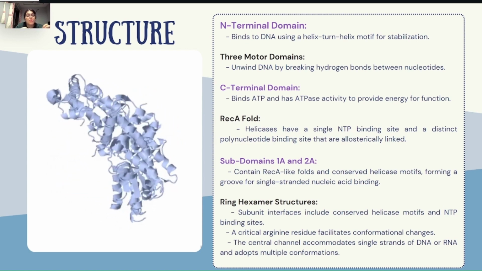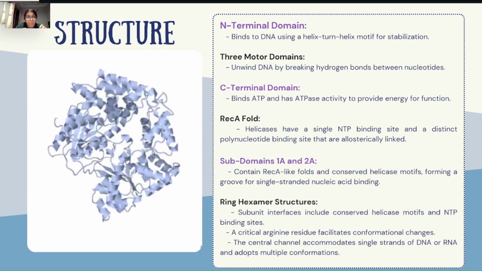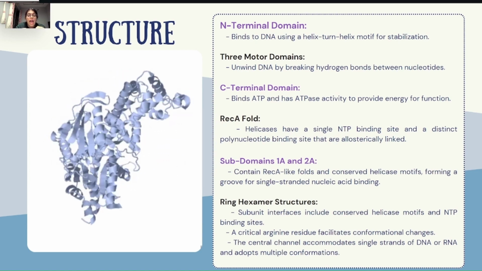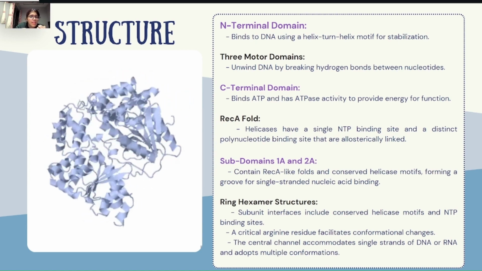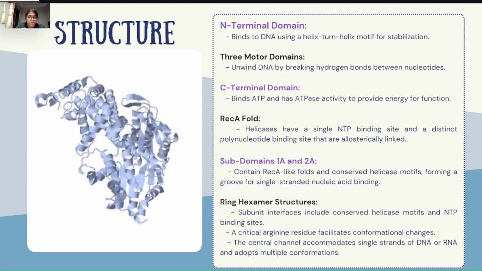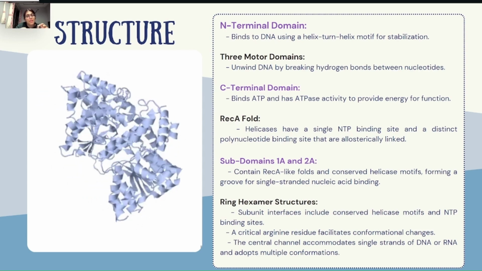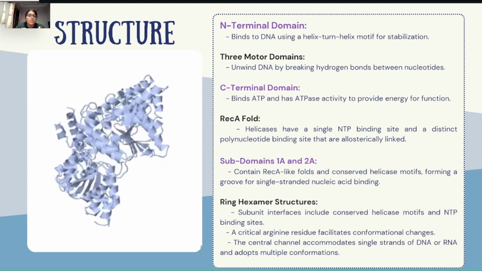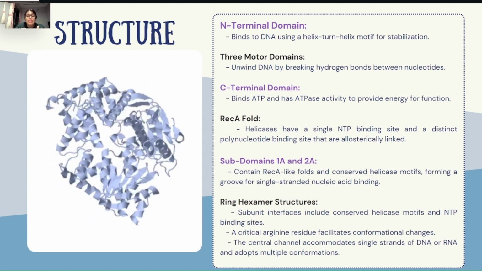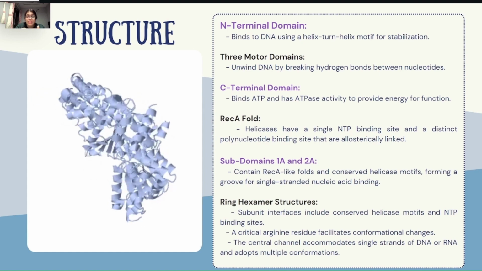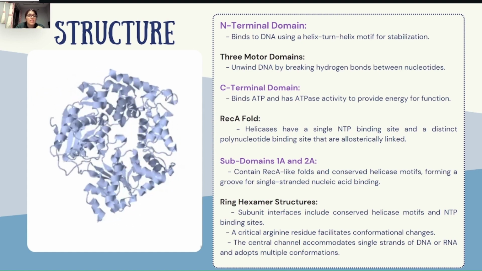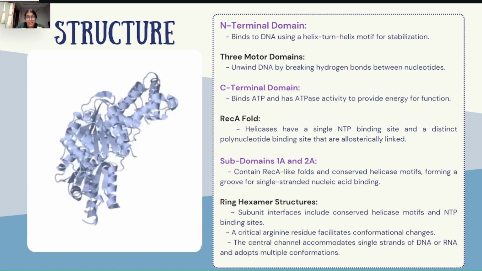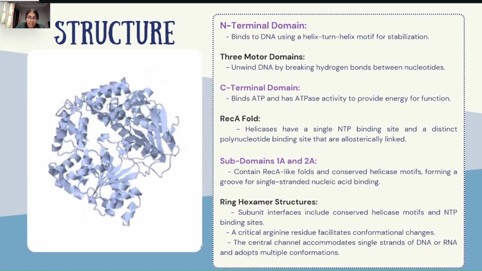There is also the motor domain, which unwinds the DNA by breaking the bonds of the nucleotides. There is a RecA fold, because helicases have single NTP binding sites and have distinct polynucleotide binding sites that are allosterically linked.